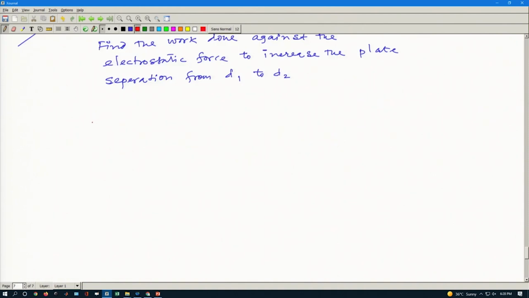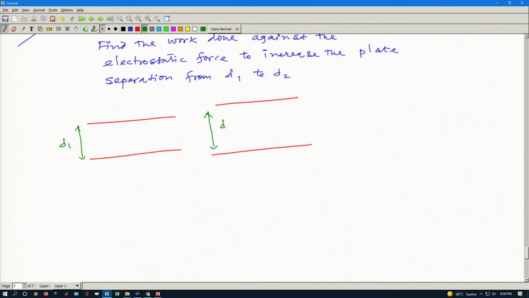So, I have one parallel plate capacitor where this distance initially was D1. Now, I need to increase the separation of this parallel plate capacitor from D1 to D2. The question is, what should be the work done?